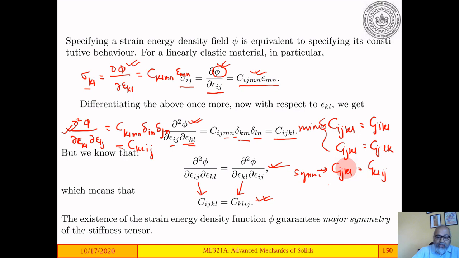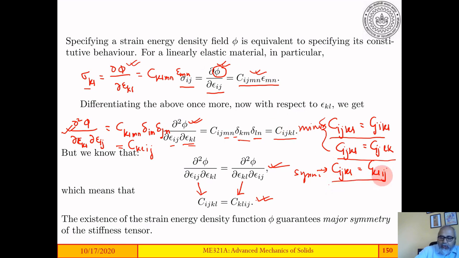So even if we have done nothing, we have made no assumptions about the material, we now know that just because the stress tensor is symmetric, we should have this. Just because the strain tensor is symmetric, we should have this. And just because thermodynamics dictates that phi should exist, we should have this major symmetry.